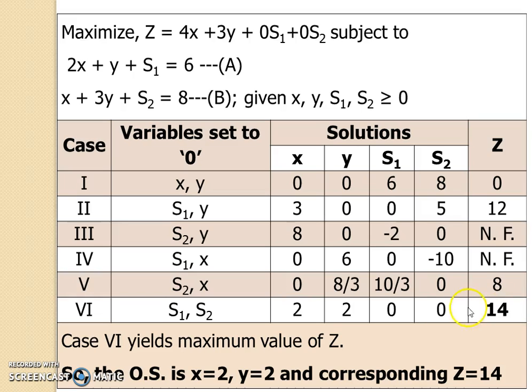And the solution is x is equal to 2, y is equal to 2, s1 and s2 are equal to 0. So, the optimal solution is given by this case 6, and it is x equal to 2, y equal to 2, and z is equal to 14.